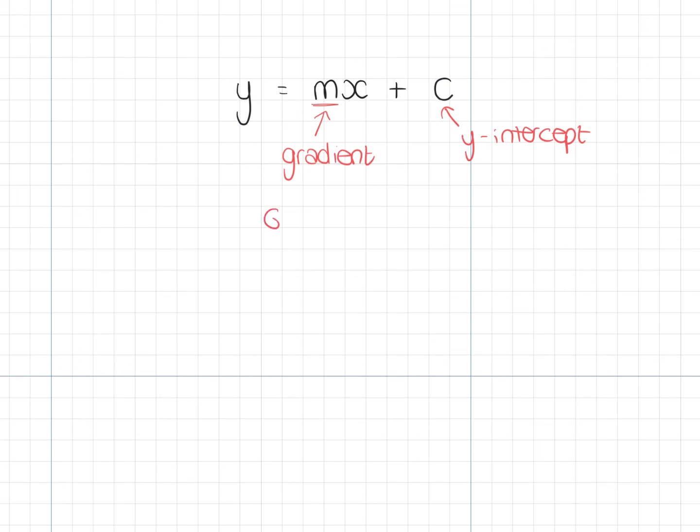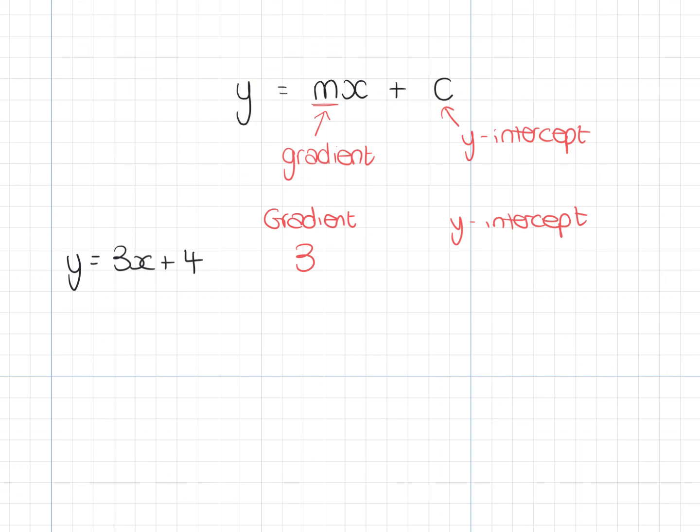So if we had some lines, could we work out what the gradient and y-intercept would be? If we do it as a little table, let's do gradient and y-intercept. If I gave you the line y equals 3x plus 4, the gradient of this is just the number before the x. The gradient of this is 3, and the y-intercept is this number at the end, isn't it?